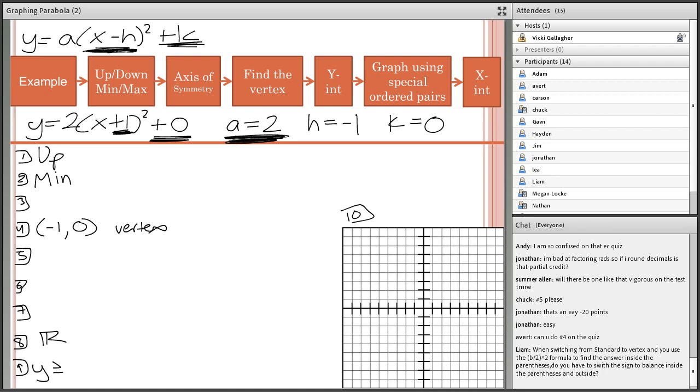The first number of the vertex also is part of the axis of symmetry. So it's x equals negative 1. The second number from the vertex is your extreme value, and it's the number that gets written in the range. So all of these numbers get used multiple times.